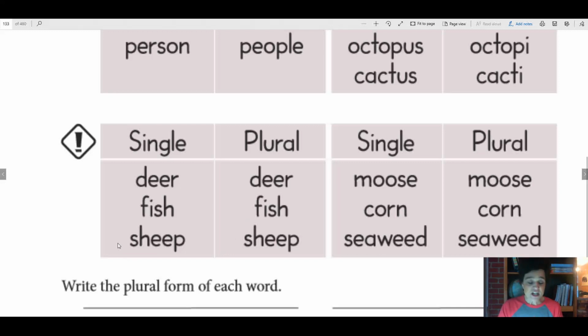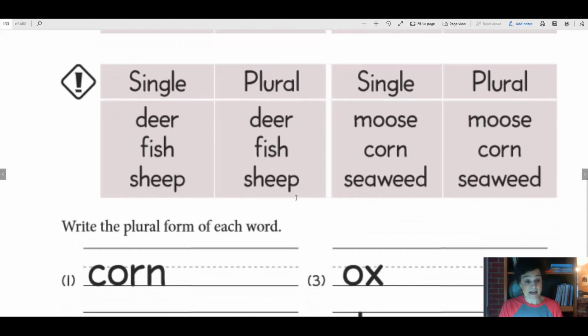Or how about one sheep or many sheep? They stay the same. Moose stays the same. Corn stays the same. Seaweed stays the same no matter what. If you're talking about one or if you're talking about a billion majillion, they always stay the same. These words right down here do. These are words that you're just going to have to know. You're just going to have to learn them, okay?